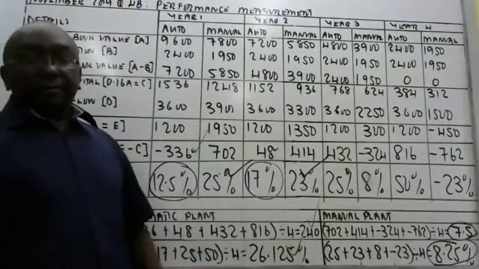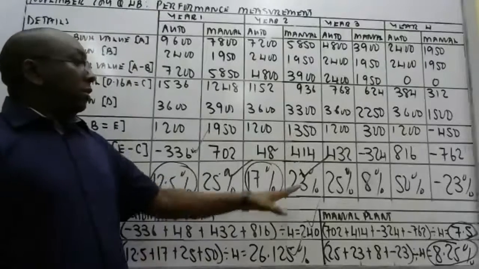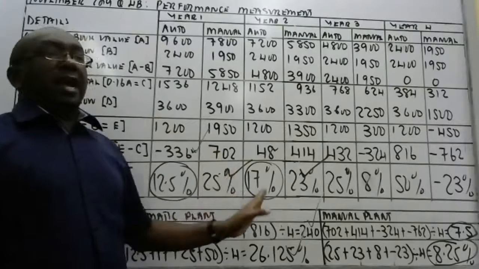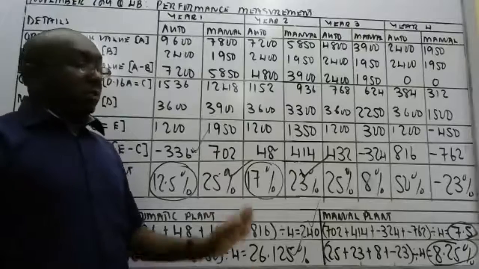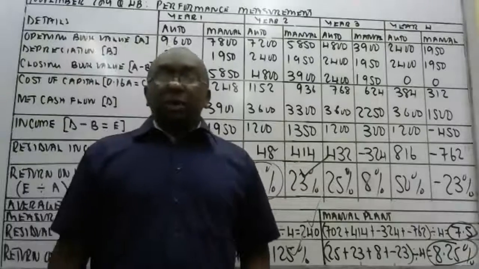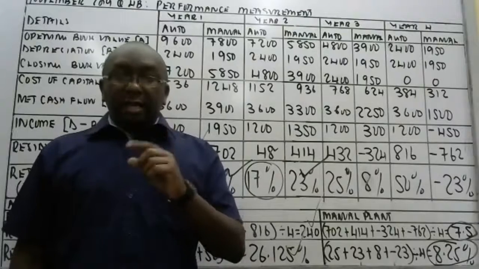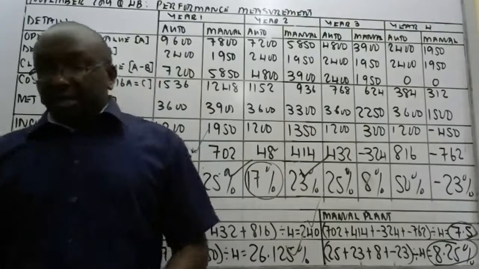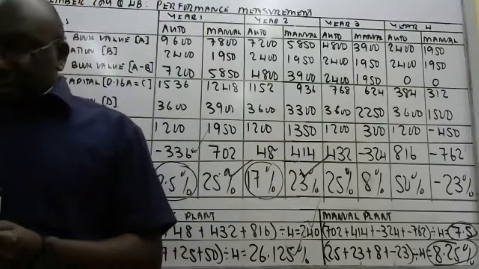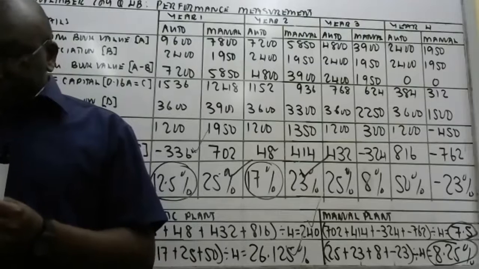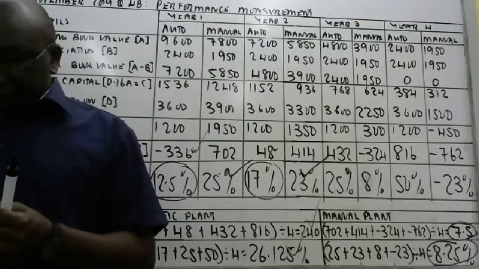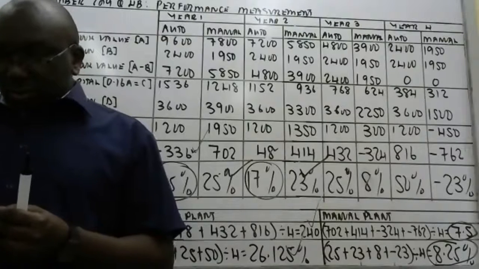So that is the reason why he will reject the plant with the higher NPV, because it only makes him earn a bonus in 1 year in a period of 3 years.